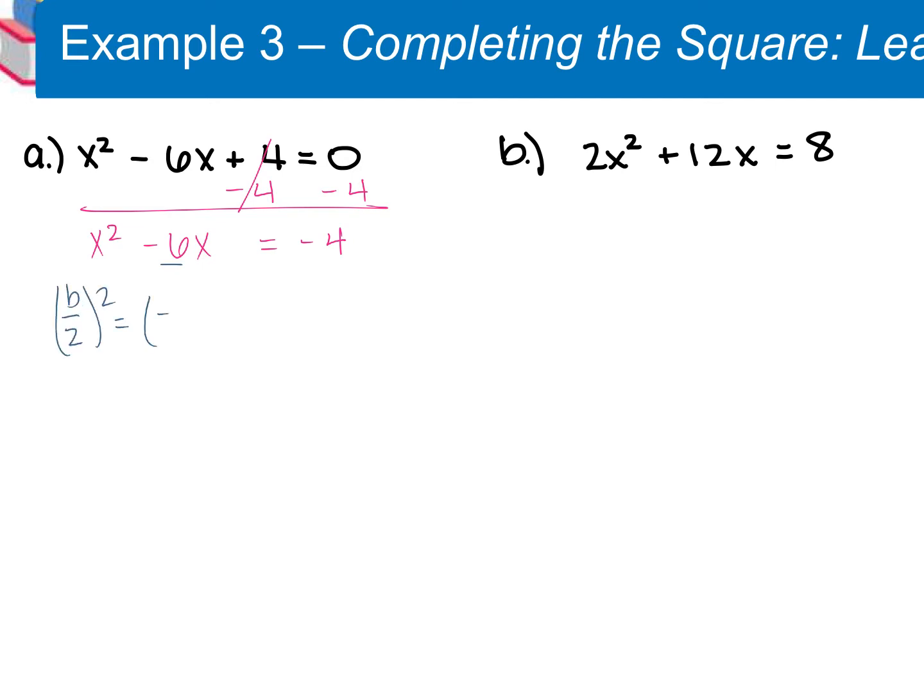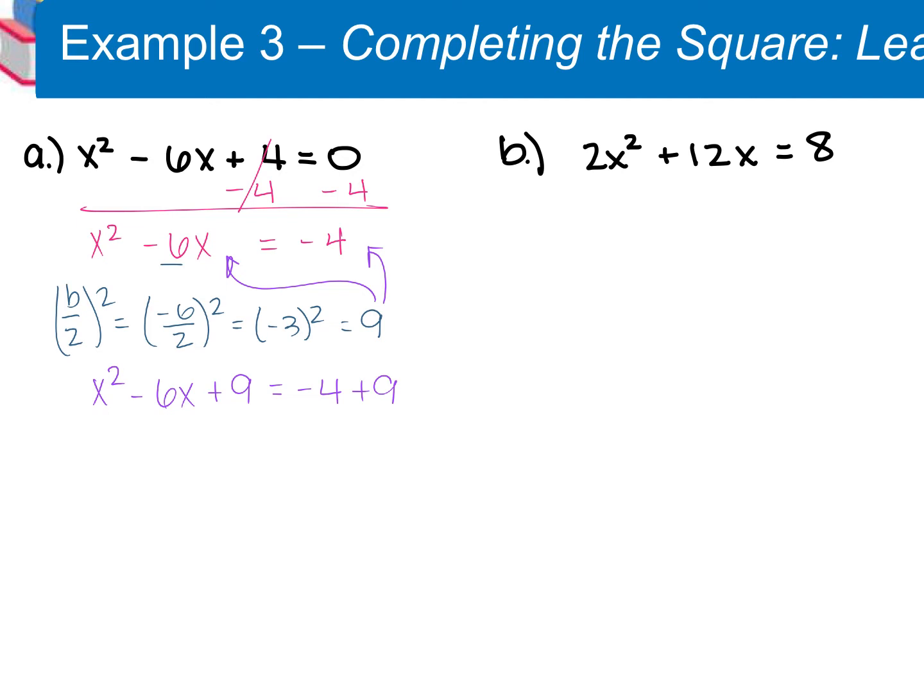That's going to give us negative 6 over 2 squared, which is negative 3 squared, and that's 9. That 9 is going to get added to both sides of your equation. So you're going to have x squared minus 6x plus 9 is equal to negative 4 plus 9.